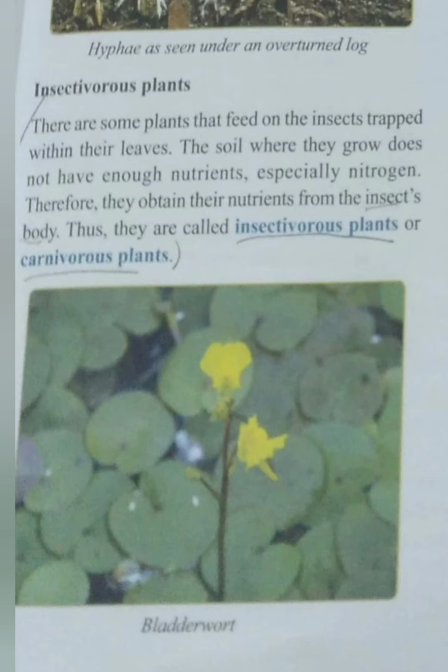The third type is insectivore plants. There are some plants that feed on insects trapped within their leaves. The soil where they grow does not have enough minerals, especially nitrogen. Therefore, they obtain their nutrients from the insect's body. Thus, they are called insectivore plants or carnivore plants.